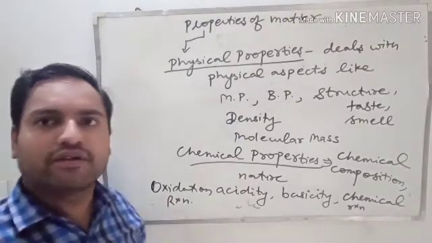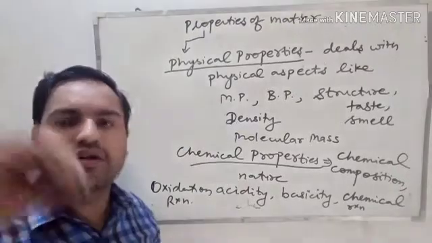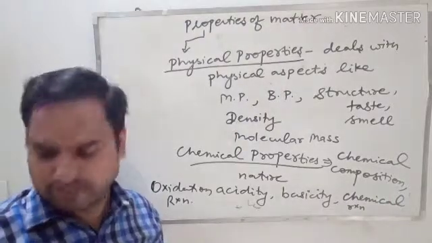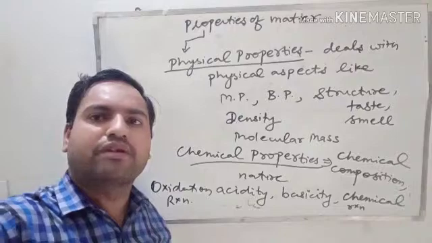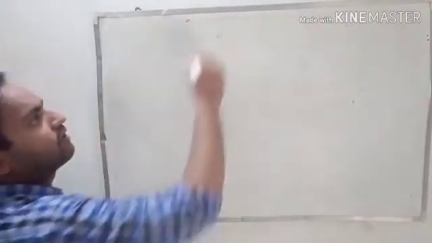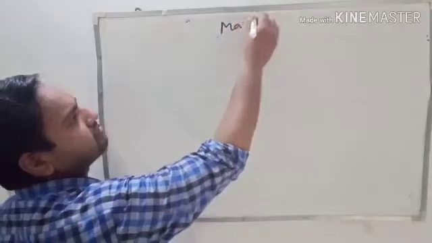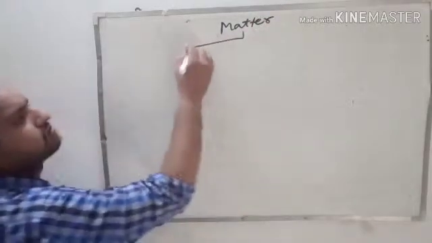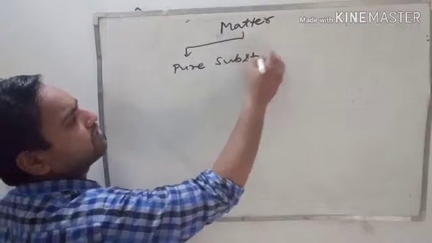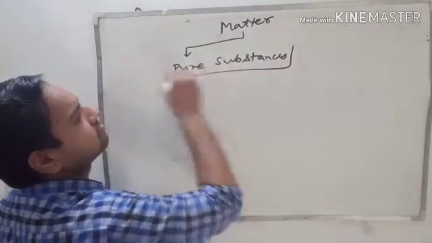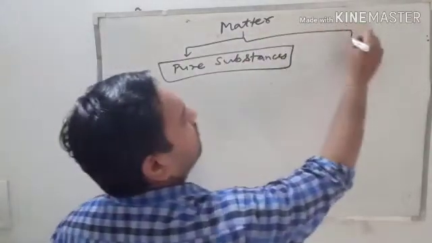Now, what are the different types of matter? As you have already learned these topics, that is different types of matter. At a broader level, pure substances are there, and another one, mixtures.